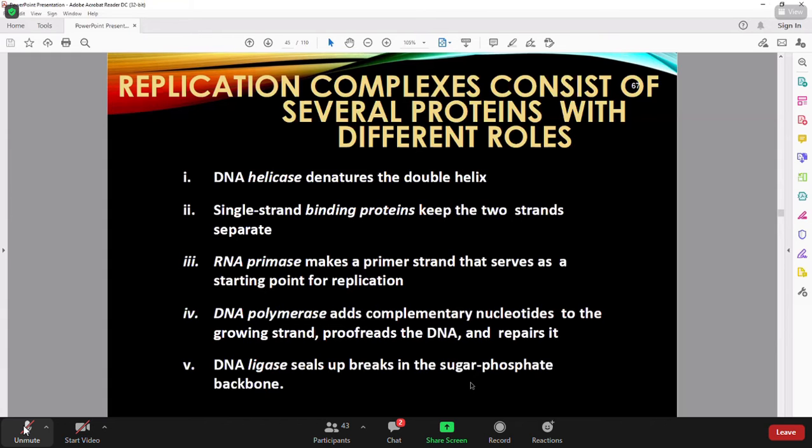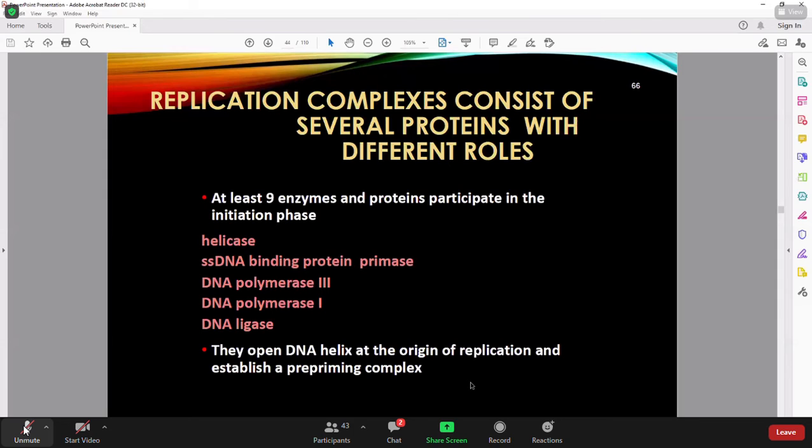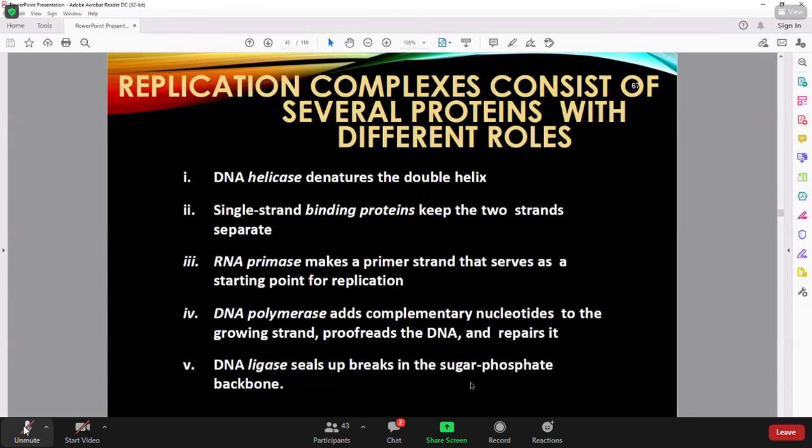Alright, so basically we have this replication complex. We need all these enzymes in the replication process, and these are the specific roles of each enzyme. We have helicase, single strand binding protein, primase, DNA polymerase and DNA ligase.